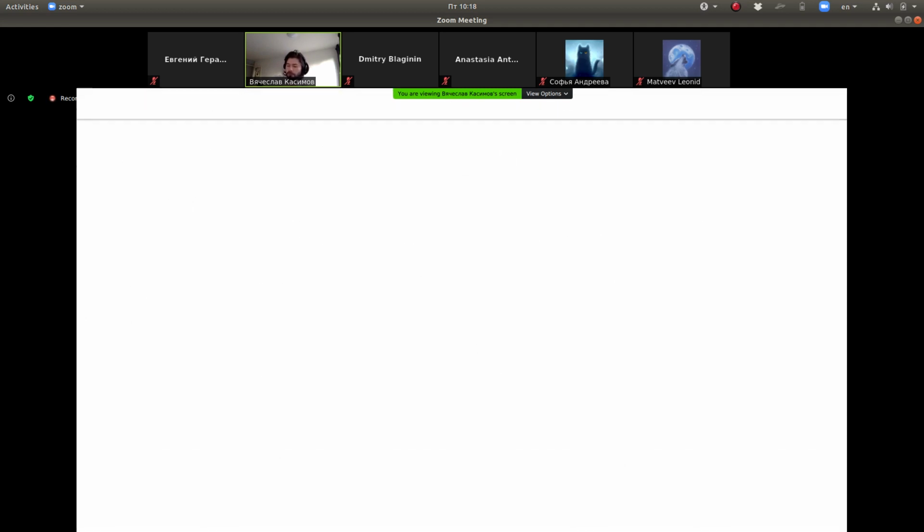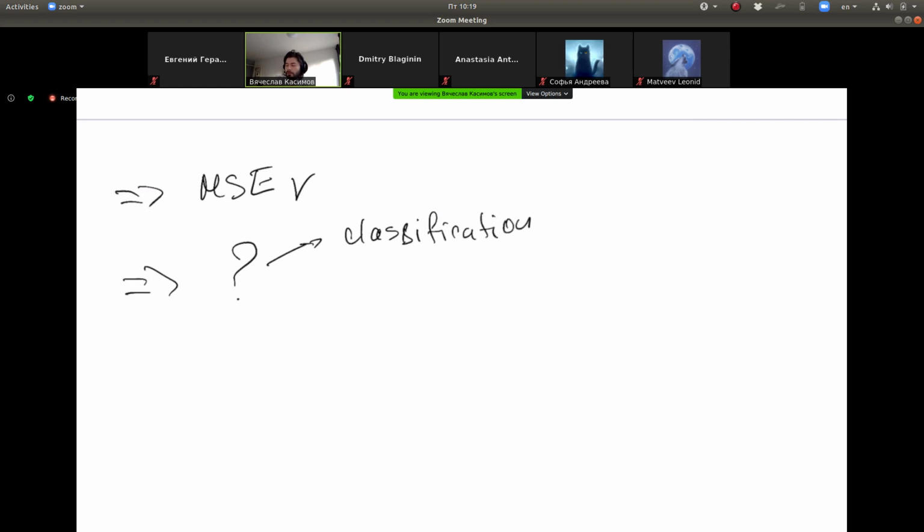Okay, so we have found this for MSE, but what about other loss functions? What about classification problems? We can break it into parts. First, of course, we somehow need to introduce a recipe for classification, because we don't want to solve only regression problems.